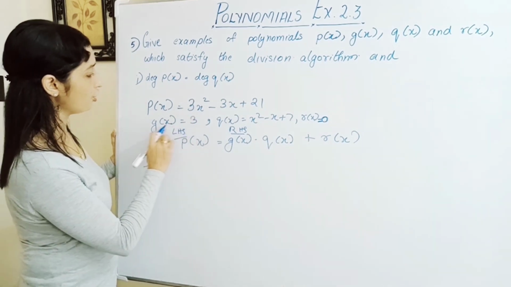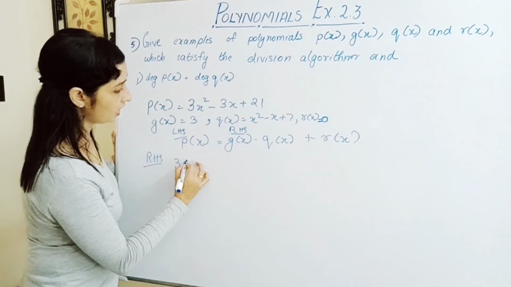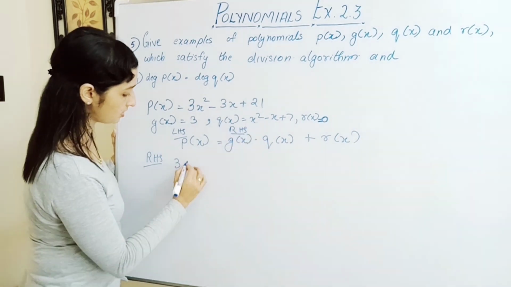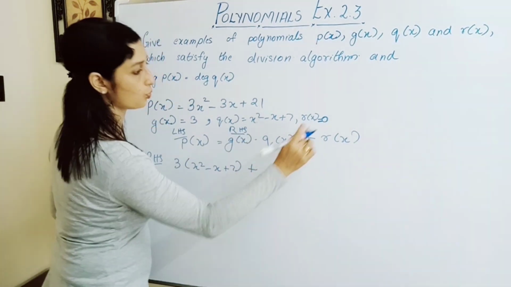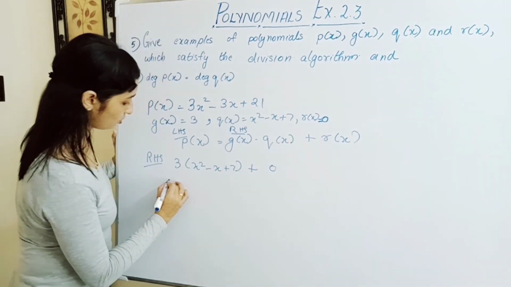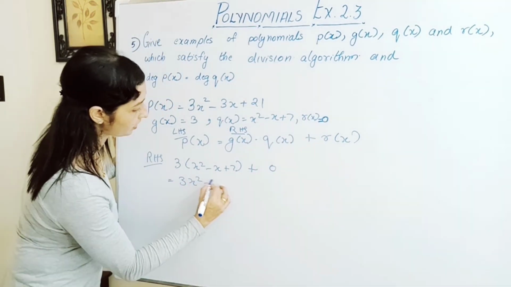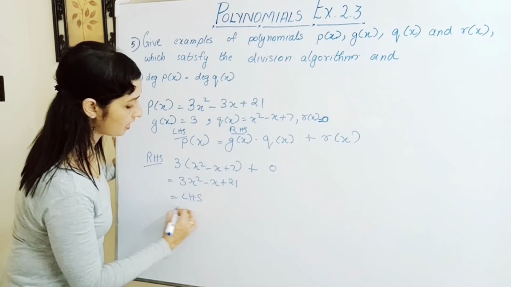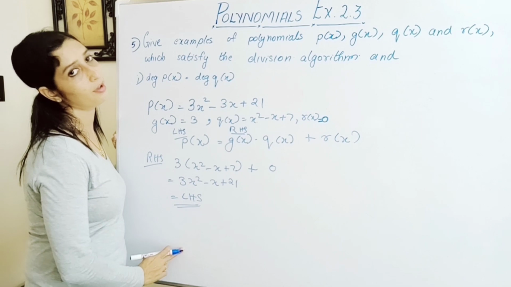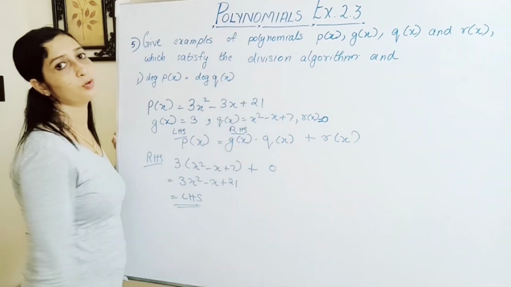RHS is g of x, which is 3, into q of x, which is x square minus x plus 7 plus what is our remainder? 0. So you get the answer as 3x square minus 3x plus 21. Is it the same as our LHS? So now we have verified our division algorithm.